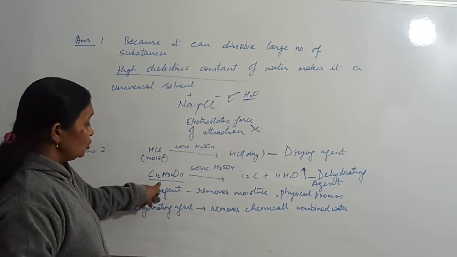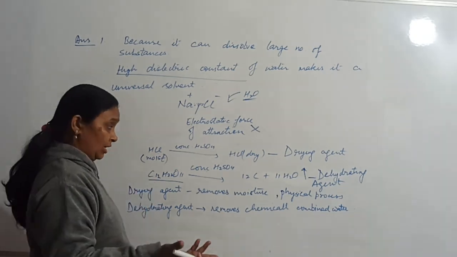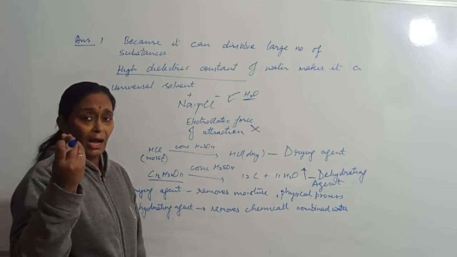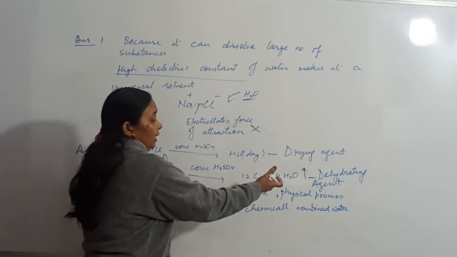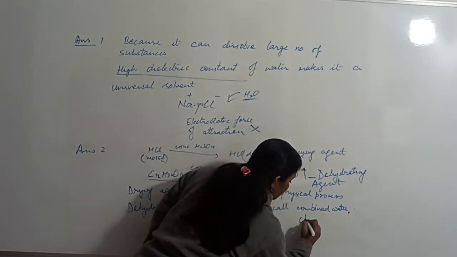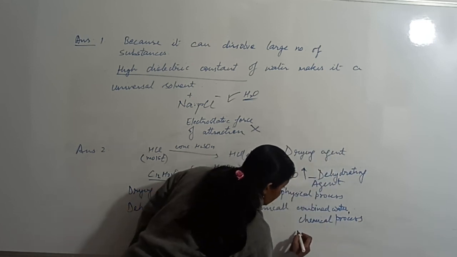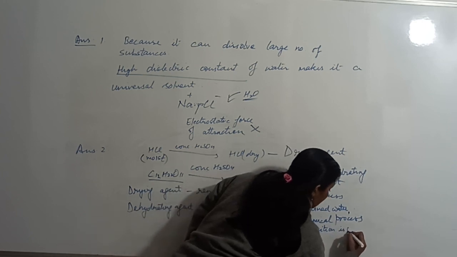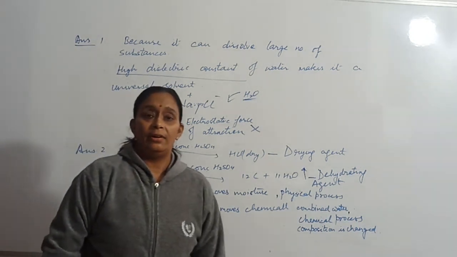While here, when cane sugar is added to concentrated H2SO4, its composition completely changes. 12 carbon atoms are released as burnt black carbon or charcoal, spongy charcoal is given out, and steam is given out. So here it is a chemical process in which the composition of the compound is changed. So these are the two differences between drying and dehydrating agents.